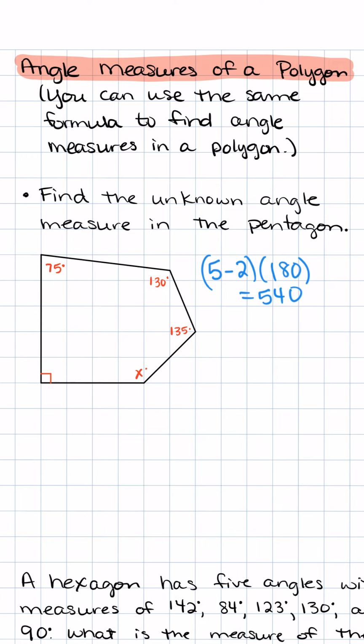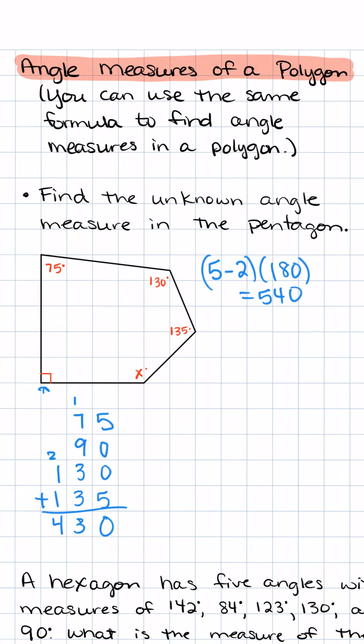So we have 75 plus this one right here is 90 plus 130 plus 135. Let's add all those together. That's 430.